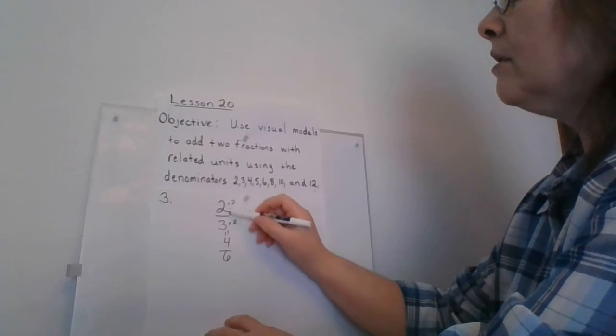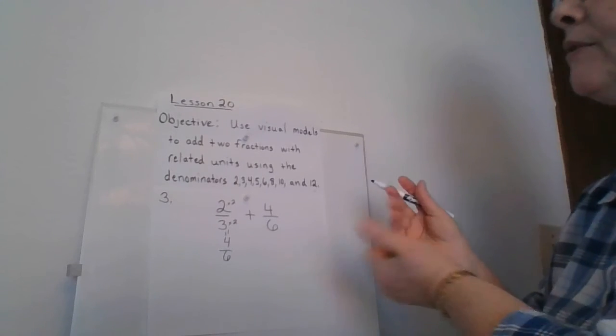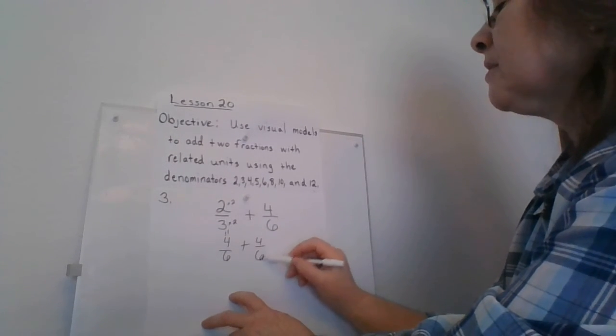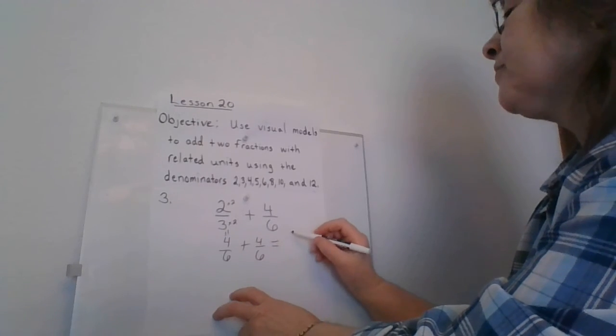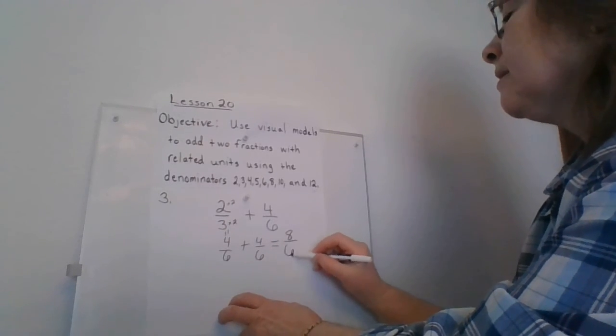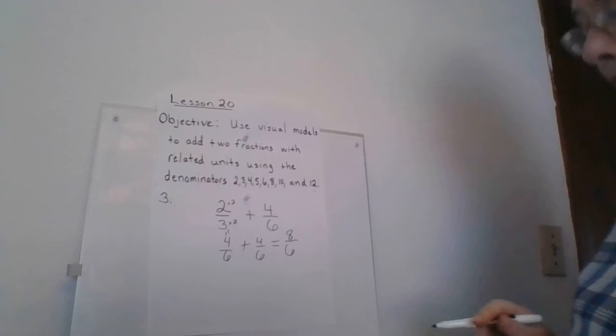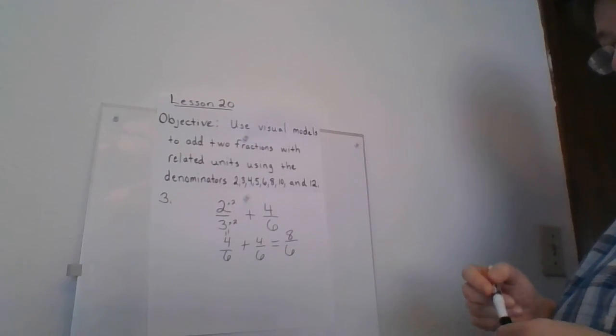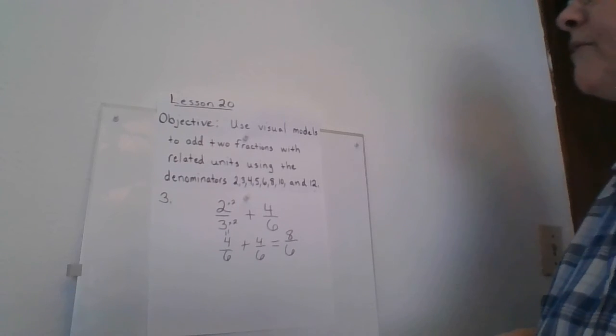These two fractions are equivalent now. And I'm going to add that to the 4/6. And 4 plus 4 is 8/6. So now we figured out how to make an equivalent fraction.